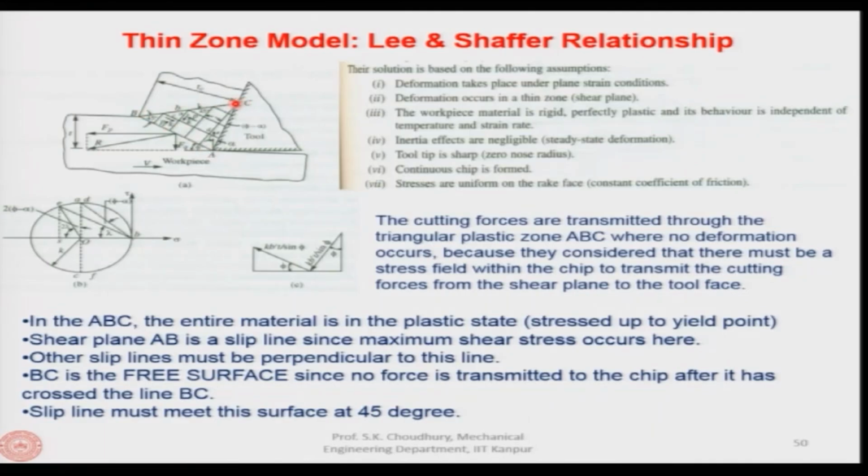This is according to the slip line field theory. We are not discussing the slip line field theory in detail. This is the application of the slip line field theory, which is called the Lee and Shaffer relationship. So, they have taken a principle which is different from the principle taken by Merchant and Ernst. Here they are saying that there is a slip line field theory, and according to that there will be a stress field through which the forces are transmitted from the shear plane to the rake face of the tool.